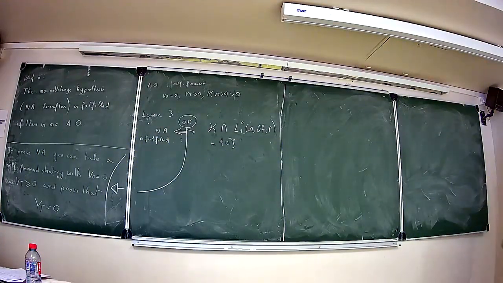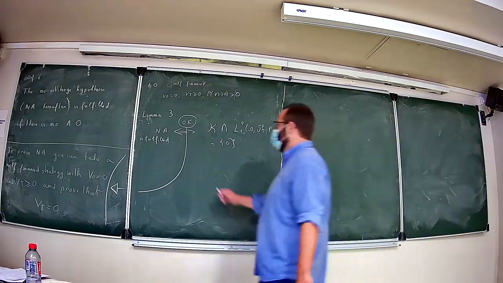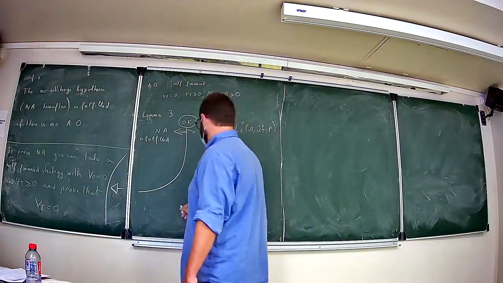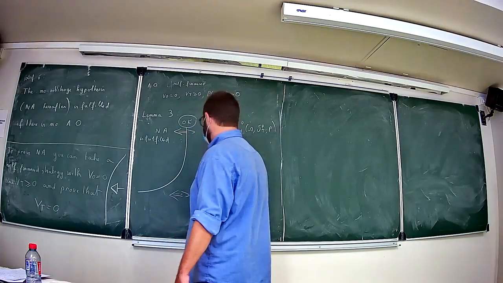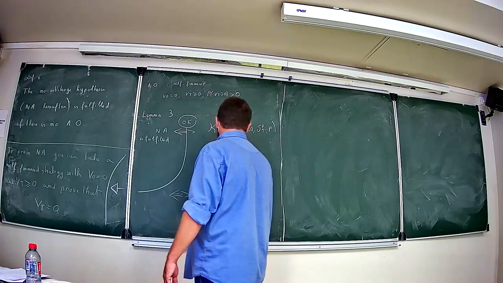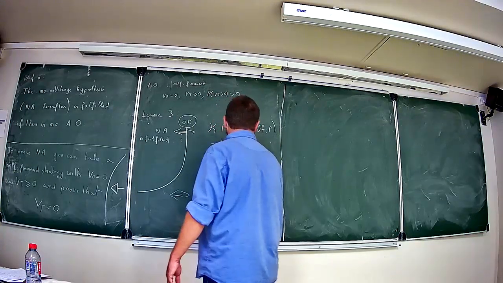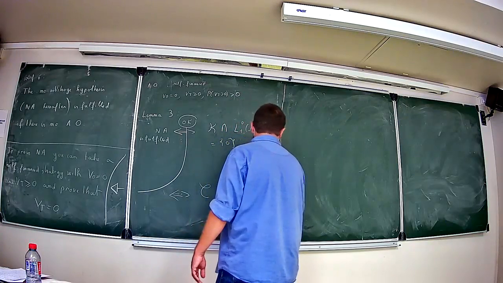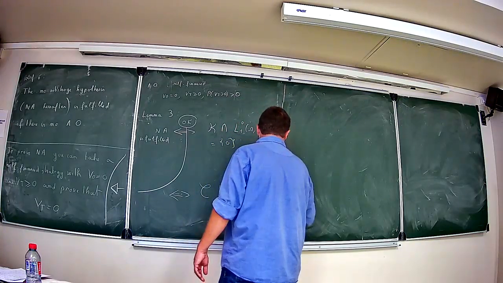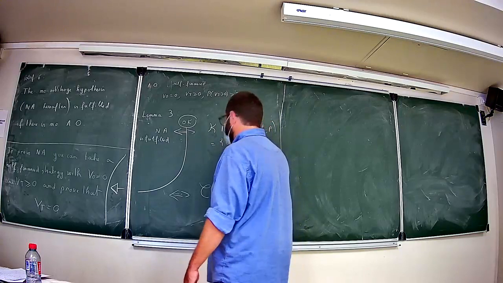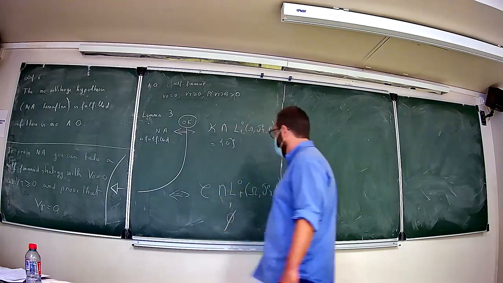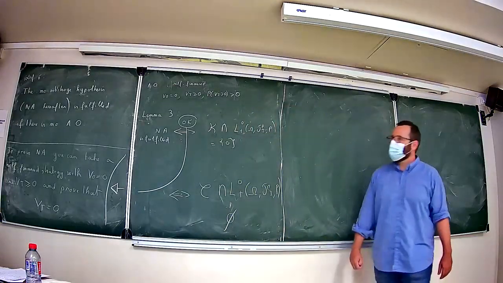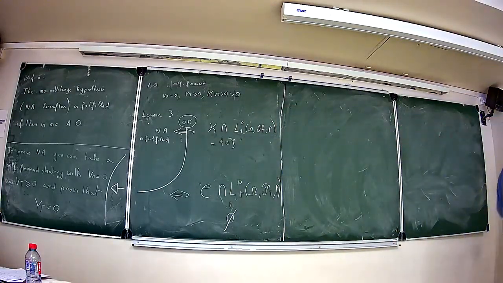Second part of the lemma. NA is equivalent to this one, that is also equivalent to the same thing with, in fact, C instead of K. But here, it's not reduced to 0, it's equal to the empty set. Not close to 0, but equal to the empty set.